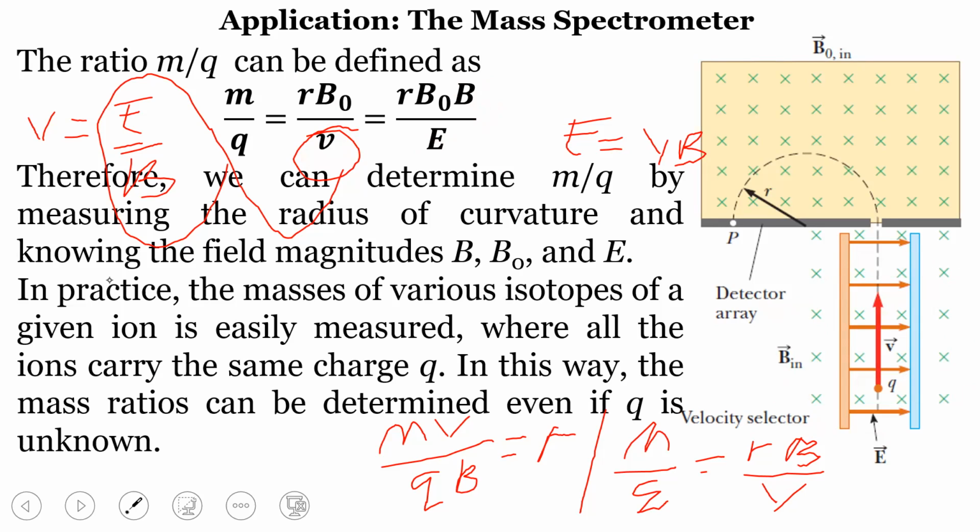So in short, with the knowledge of the magnetic field strength at the second region, the magnetic field strength at the first region, and the electric field strength at the first region, the radius of deflection directly tells us the ratio of mass to charge.